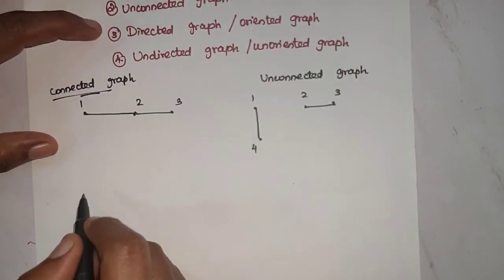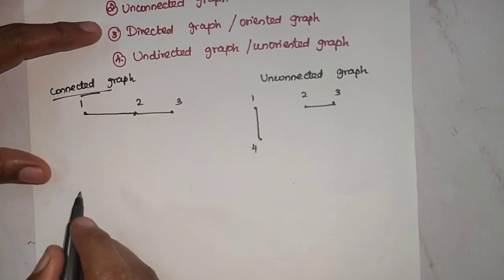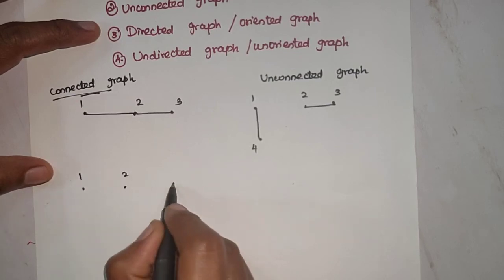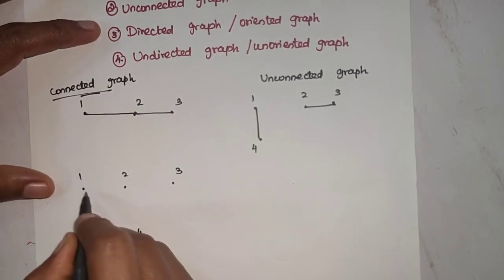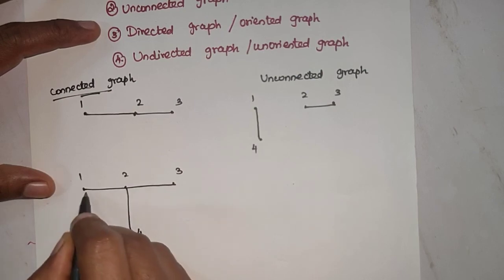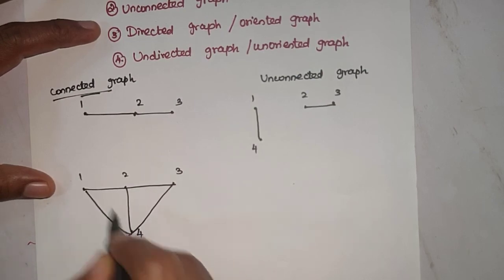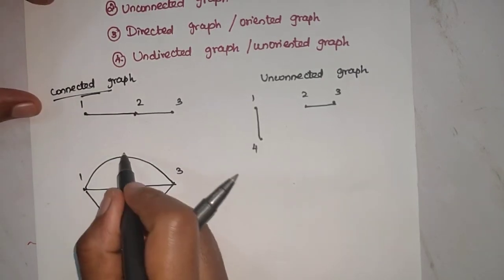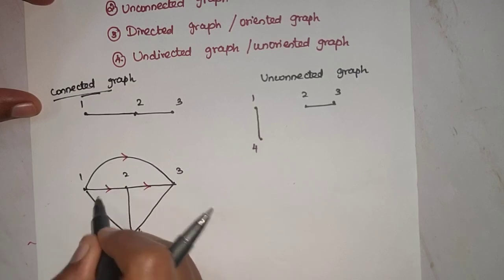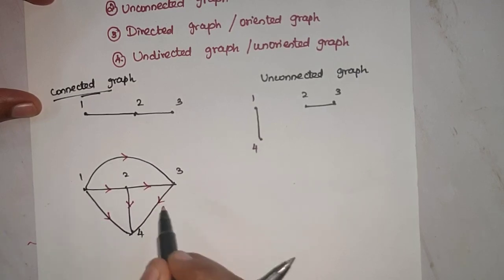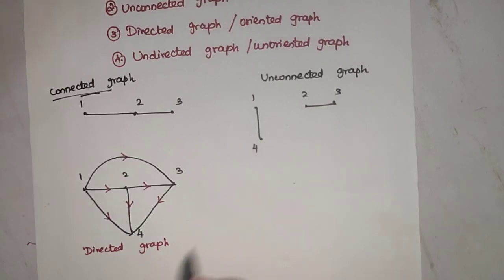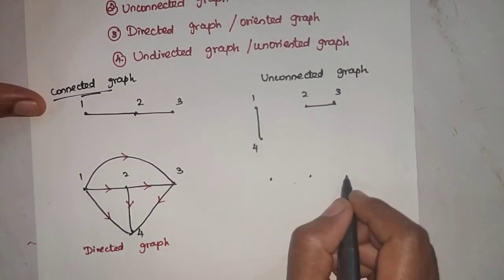Third one, directed graph or oriented graph. For example, consider this example. If we mention the direction for branches, that is called directed graph. Consider the same example.